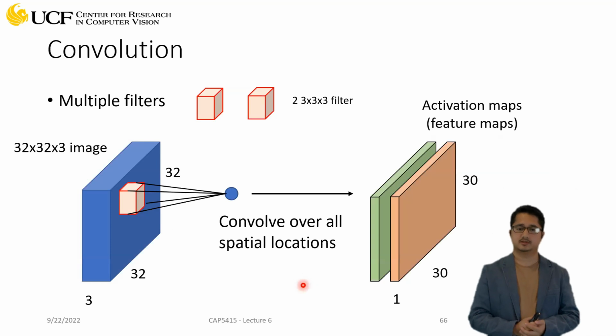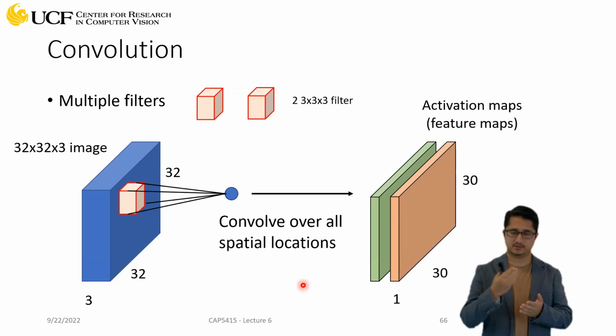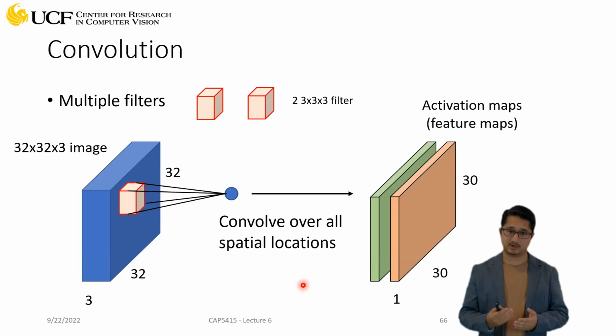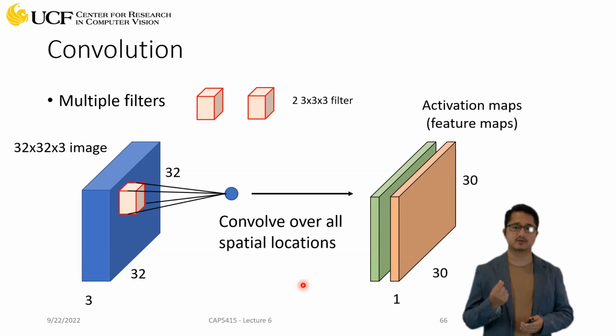Okay, so the idea is, using one filter, we can find that pattern. But the interesting aspect is we don't just use 1 or 2 filters like we were doing in the case of edge detection. We try multiple filters, and each filter is trying to find a pattern, which is the pattern it's carrying itself.